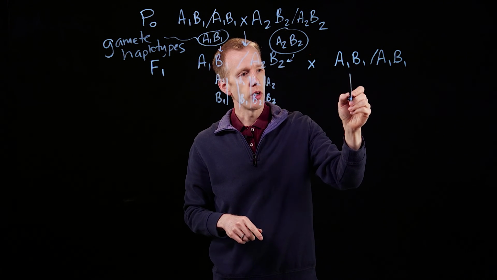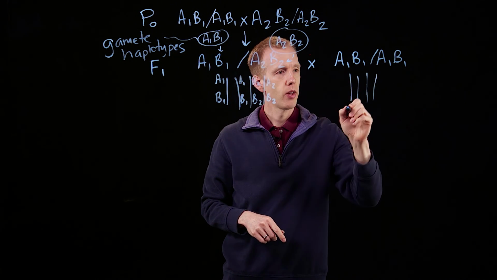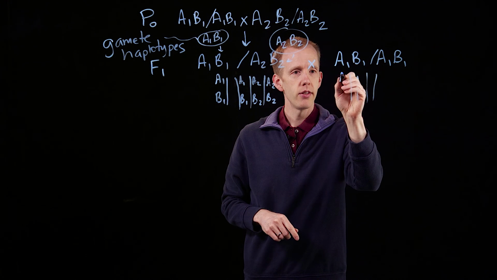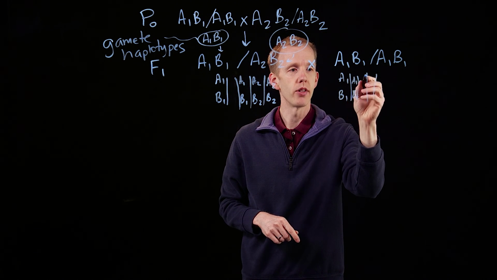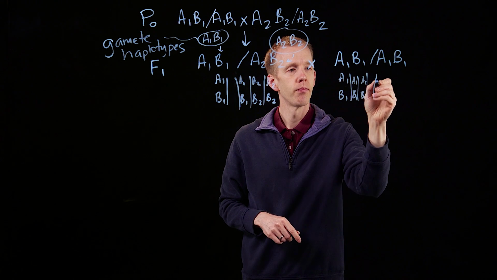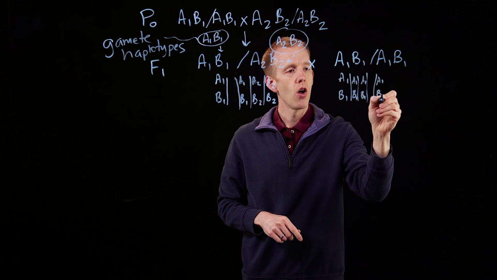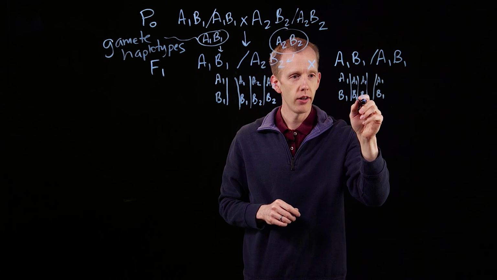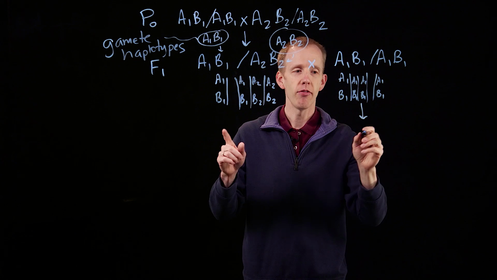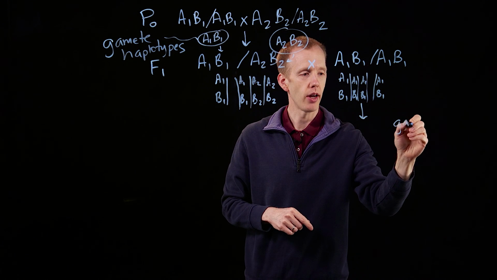The same thing is happening over here in this tester individual, but the difference is that because they're homozygous, there's only A1s and B1s. Whether or not recombination happens between these chromosomes or not, we get the same F1 gamete haplotypes.